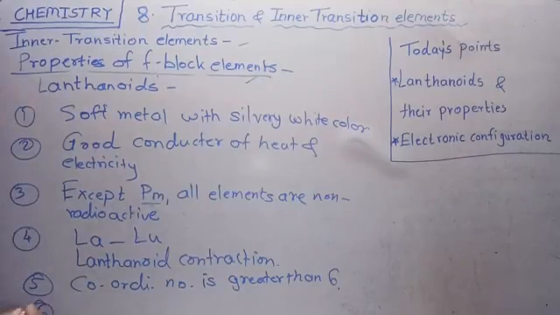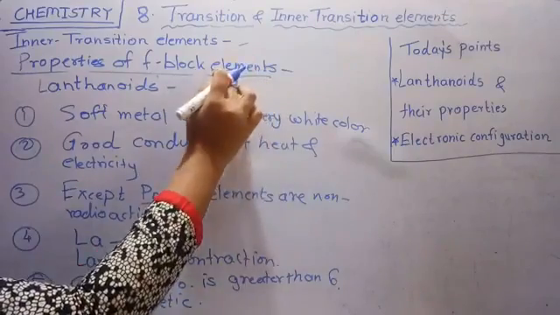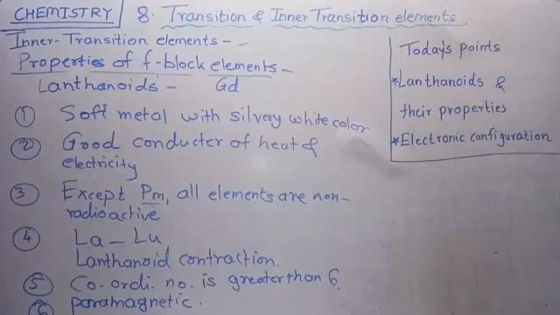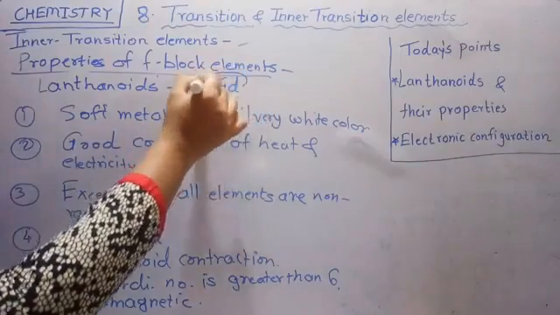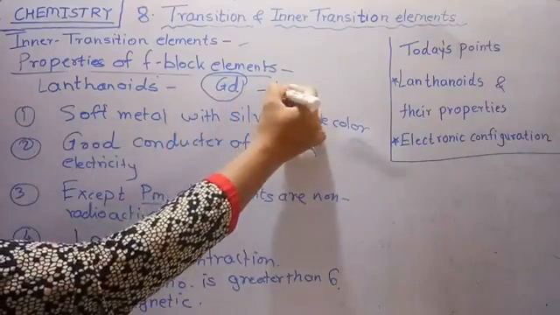These lanthanoids are strongly paramagnetic in nature. Among these lanthanoids, the element gadolinium becomes ferromagnetic below 16 degrees Celsius.